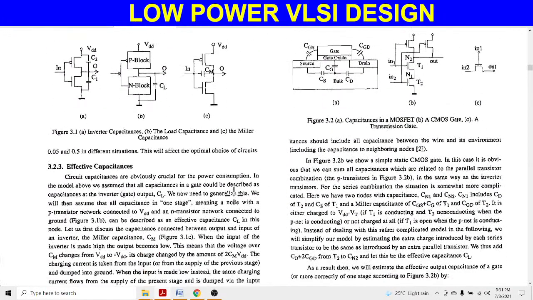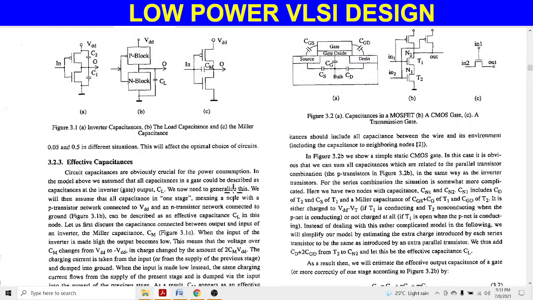Okay, now the next term is effective capacitance, because we know that in any MOSFET there are several capacitances. Some capacitance is already generated due to the body effect, and some capacitance is required to connect the circuit to take the output. When any external load capacitance is required, it is represented as CL.